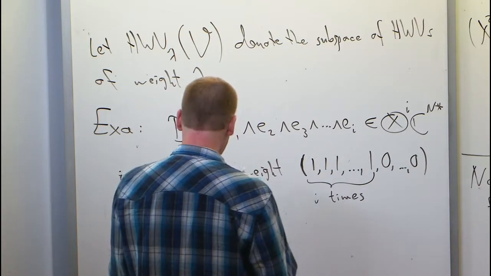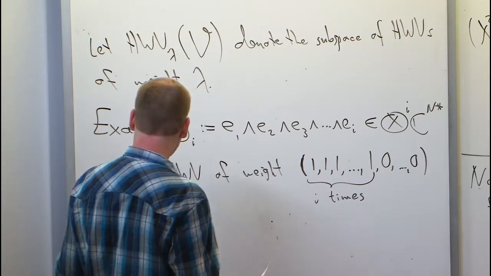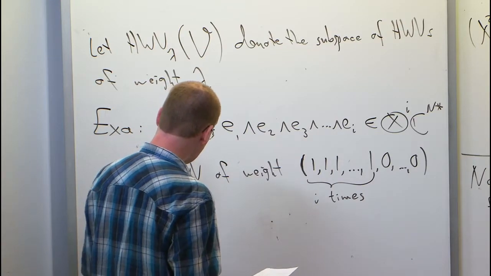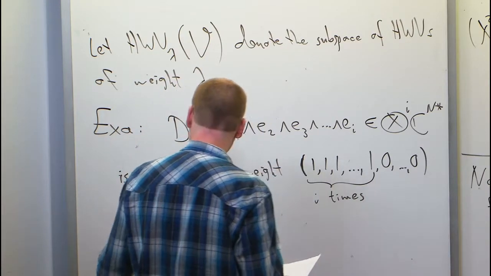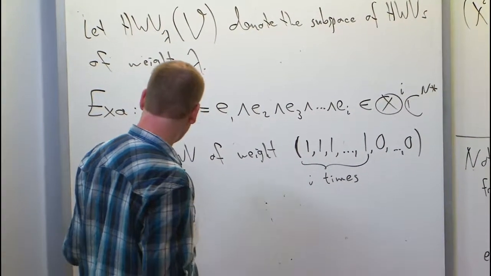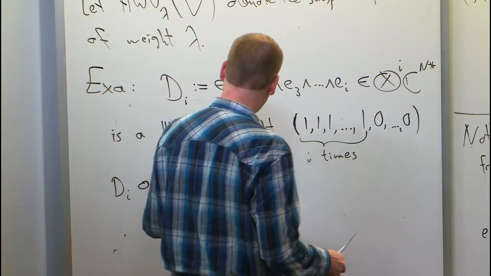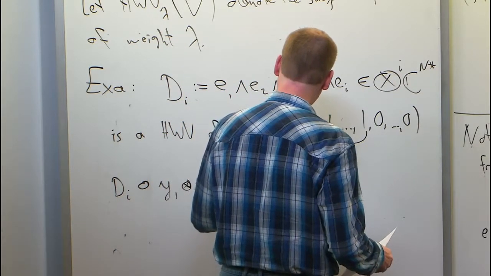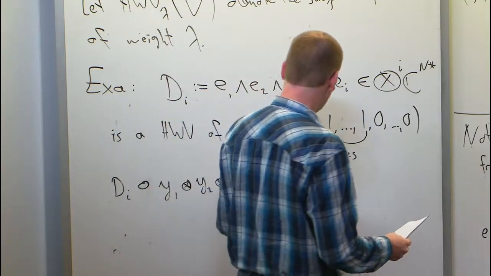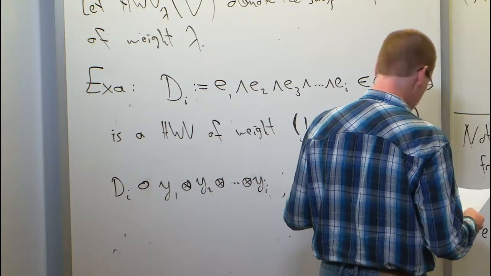And it has a computational aspect. When you contract this tensor, this is why it's called a determinant. You take D_i and contract it with some tensor y1, y2, up to y_i, where the y_j are taken from C to the n.